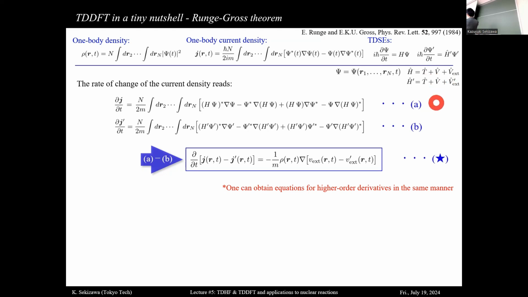So if we take the difference, those two terms cancel exactly. What is remaining is the term associated with the external potentials, and we can get this equation quite easily. Here, rho is the one-body density, and this is the nabla, the spatial derivative of the difference of the external potentials, V and V prime.